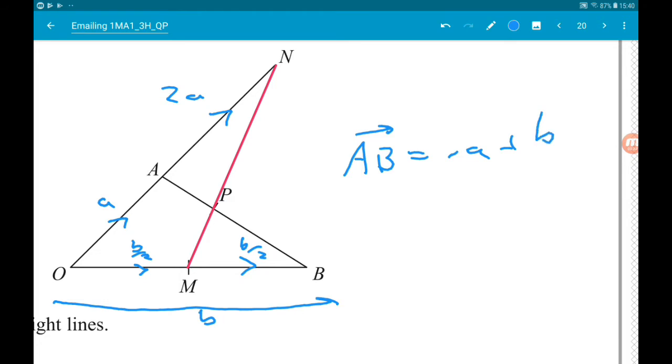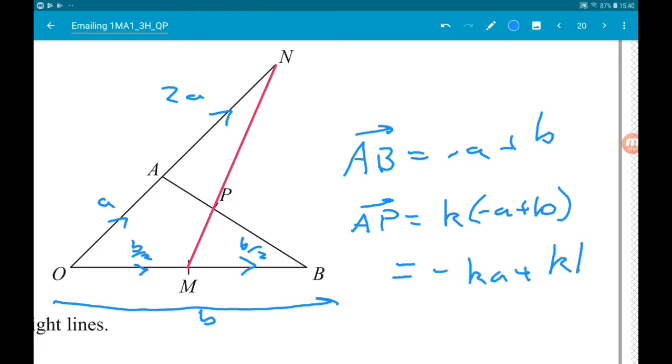From that, we know that A to P is k times minus a, add b, which we can expand to minus k a, add k b.